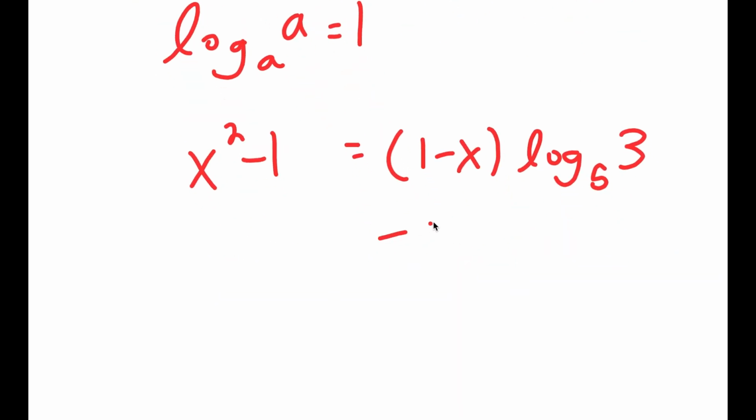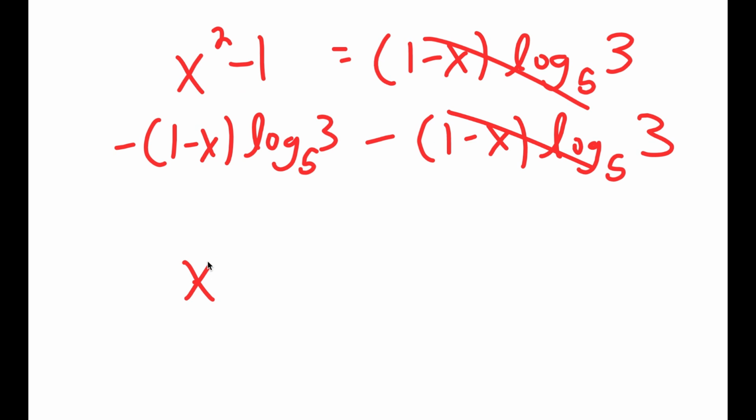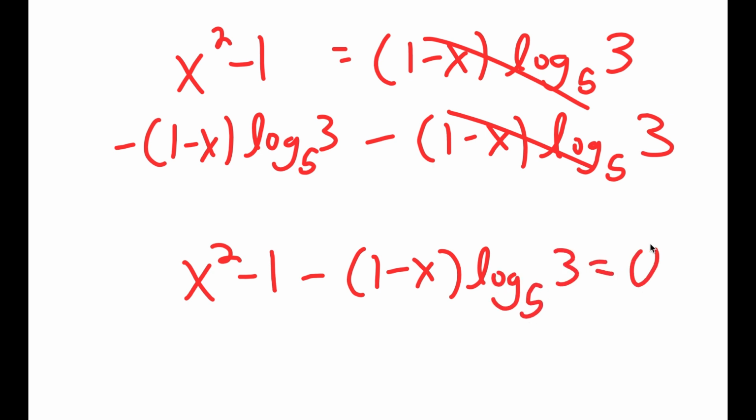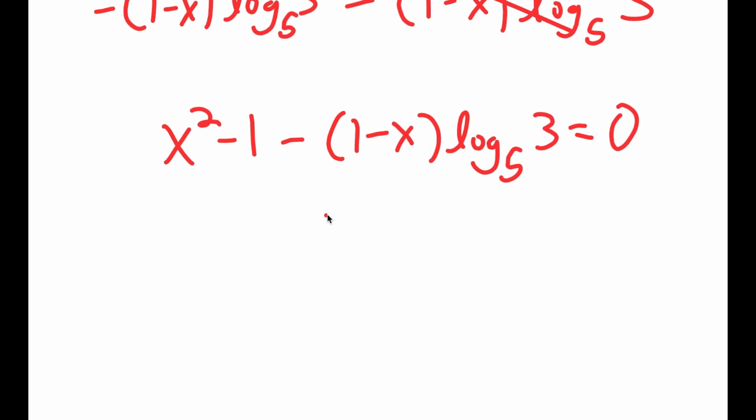And now I'm going to subtract 1 minus x times log base 5 of 3 on both sides. So these two cancel out, and I get x squared minus 1 minus 1 minus x times log base 5 of 3 is equal to 0. Now, x squared minus 1 is the same thing as x squared minus 1 squared.